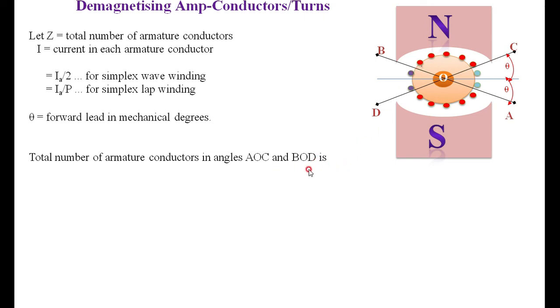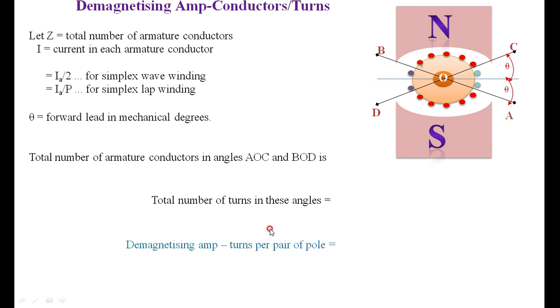The next thing to calculate is the total number of turns, which is nothing but the total number of conductors divided by 2. Then we are calculating demagnetizing ampere turns per pair of poles.